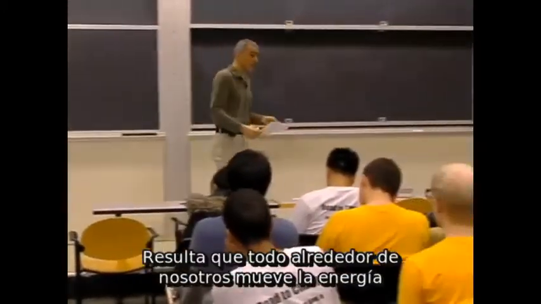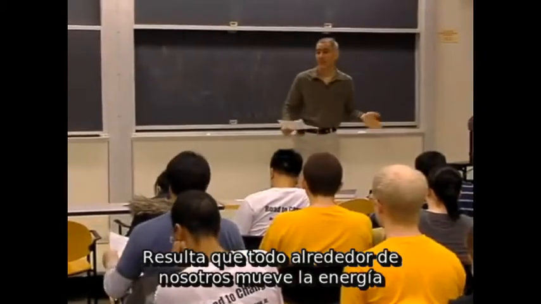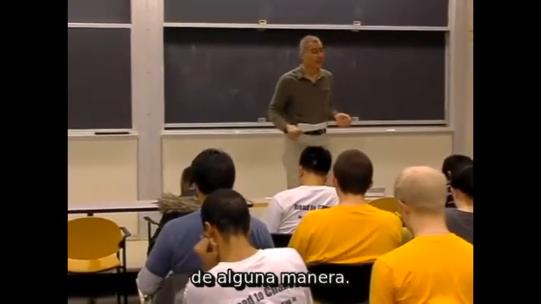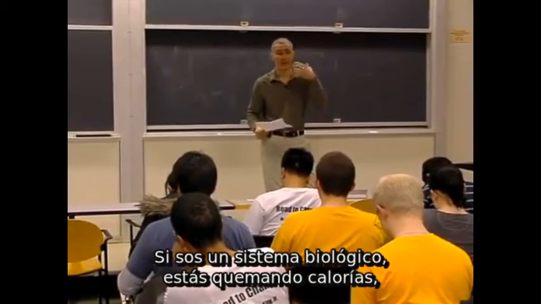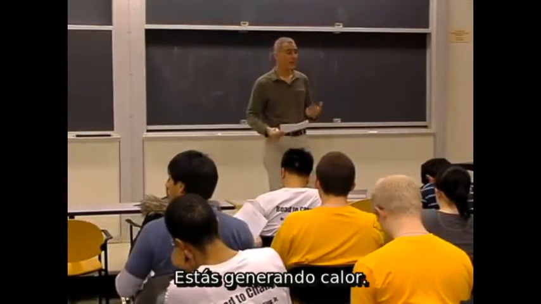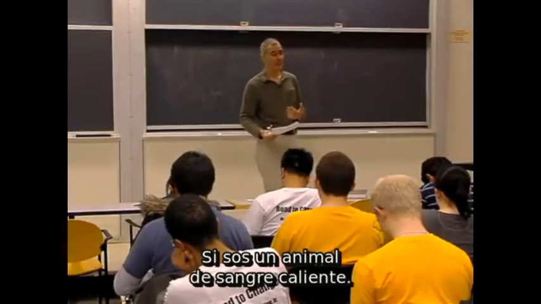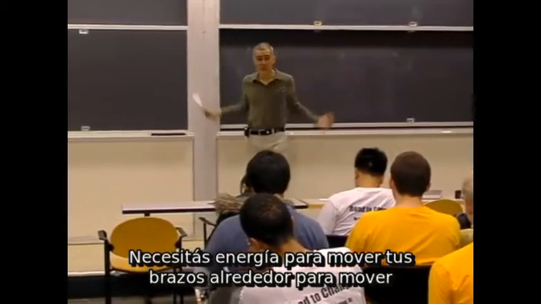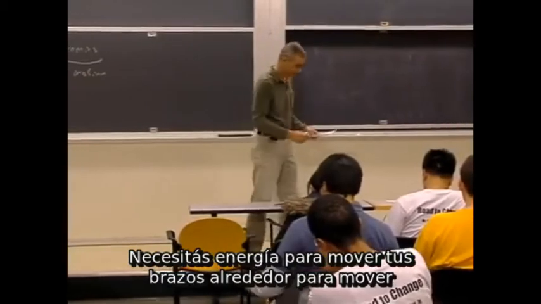It's universal. Turns out everything around us moves energy around in one way or the other. If you're a biological system, you're burning calories, burning ATP, you're creating heat. If you're a warm-blooded animal, you need energy to move your arms around and move around.